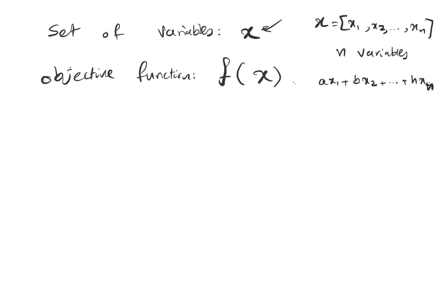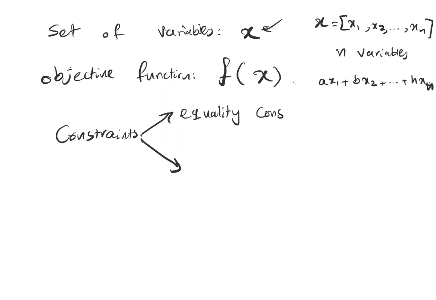Then you have constraints. Constraints are usually in two major categories: equality constraints and inequality constraints.